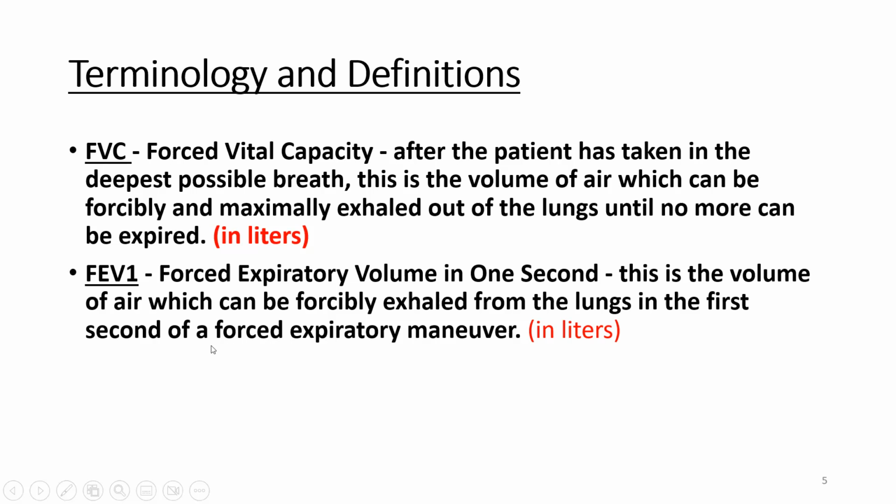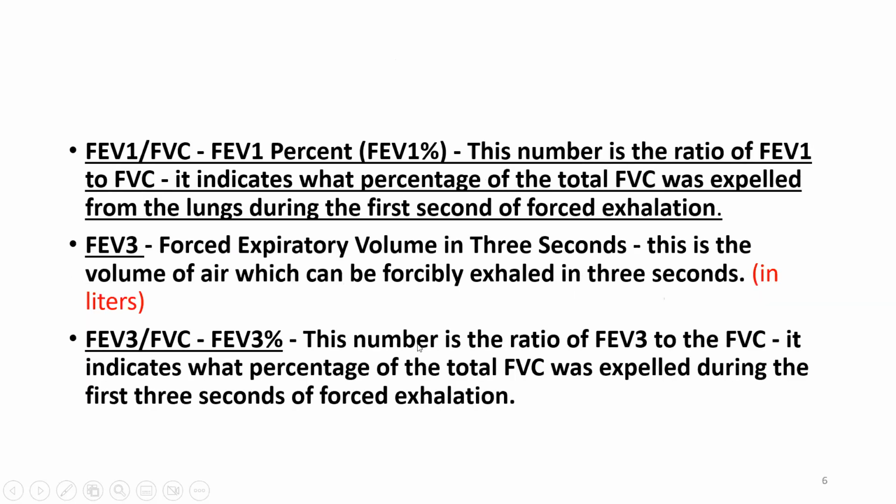This is the volume of air which can be forcibly exhaled from the lung in the first second of the forced expiratory maneuver. The ratio FEV1 to FVC indicates what percentage of the total forced vital capacity was expelled during the first second.